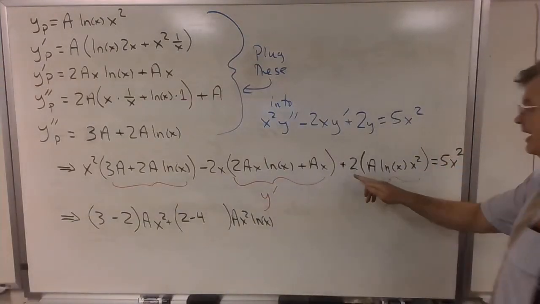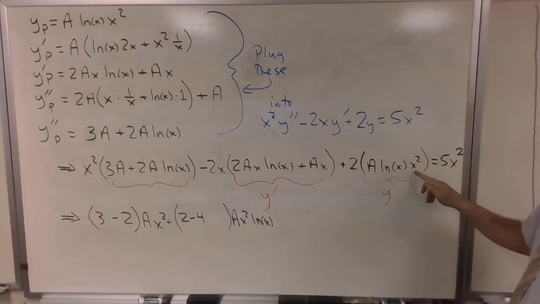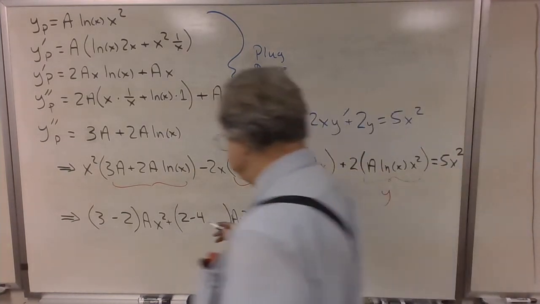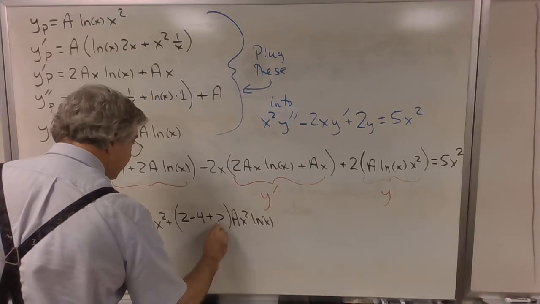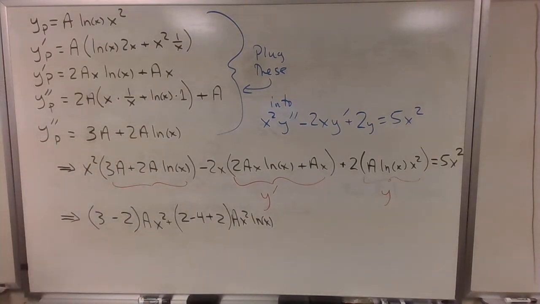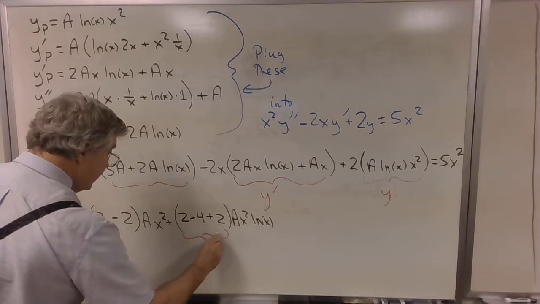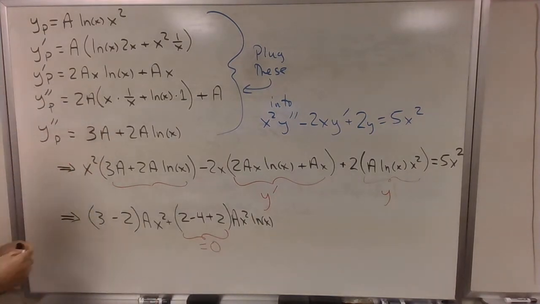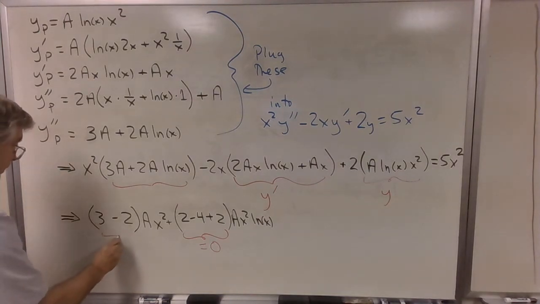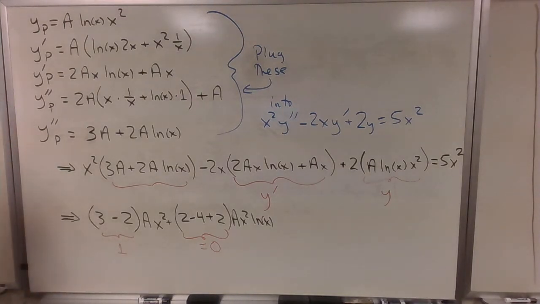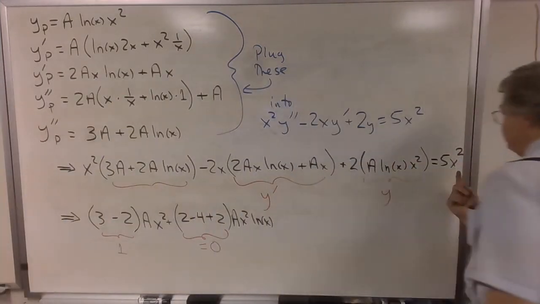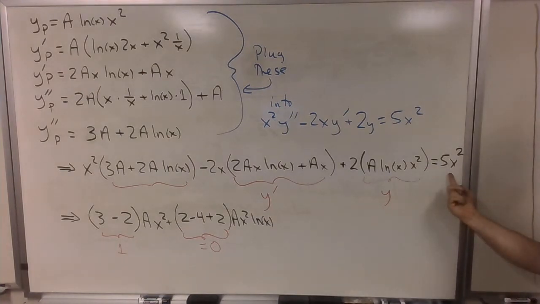And over here I have plus 2ax squared natural log of x. And I think that accounts for all of my terms. And thankfully that turns out to be 0. This turns out to be 1. And all of this is equal to 5x squared.